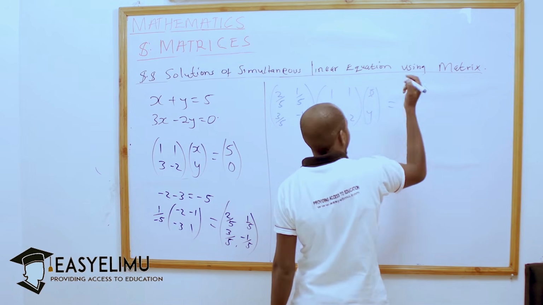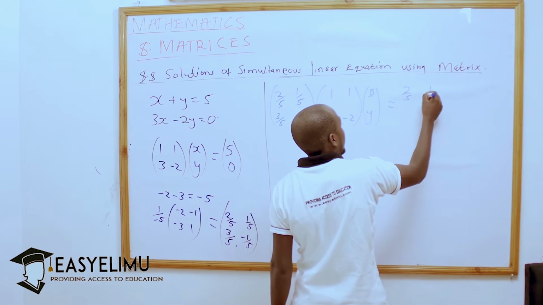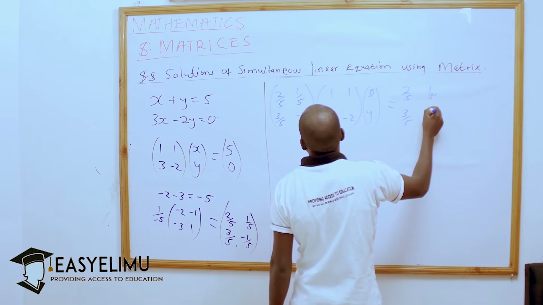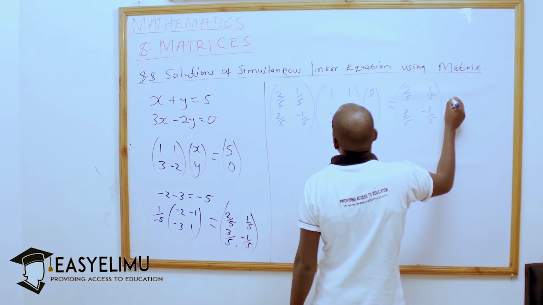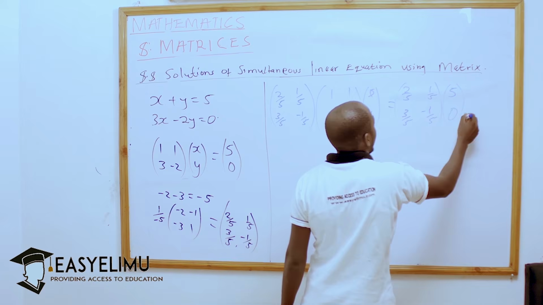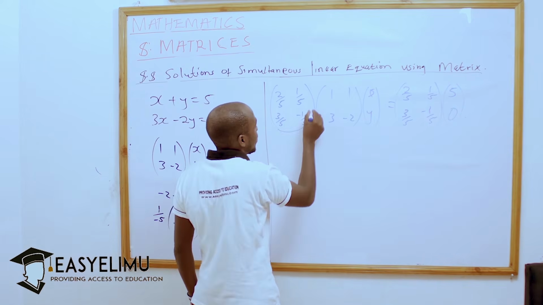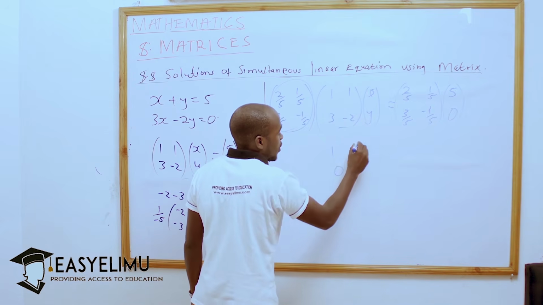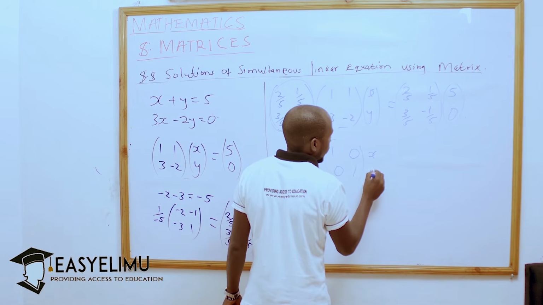The same should be done on the right hand side, which is 2 over 5, 1 over 5, 3 over 5, negative 1 over 5, pre-multiplying 5, 0. Whatever we find is the values of x. Since we know this one is the inverse of this, it means we shall have 1, 0, 0, 1 and x, y.